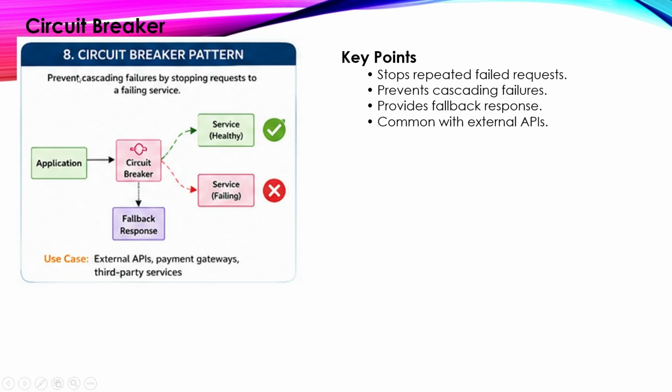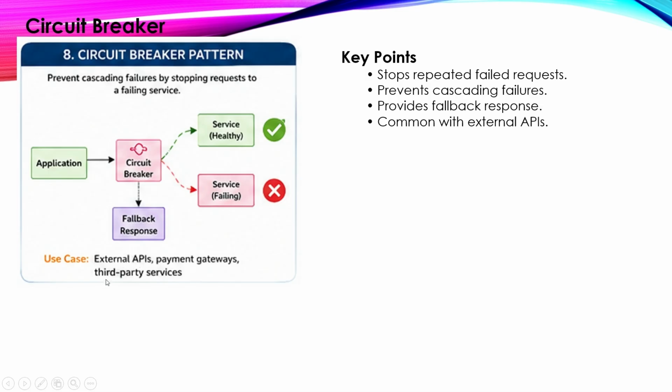So in this circuit breaker architecture pattern, whenever an application places an order, it won't wait for the payment operation. It will try some times, and if it is still failing, it will have a fallback response, right? So the circuit breaker architecture pattern will do that fallback from failed services.